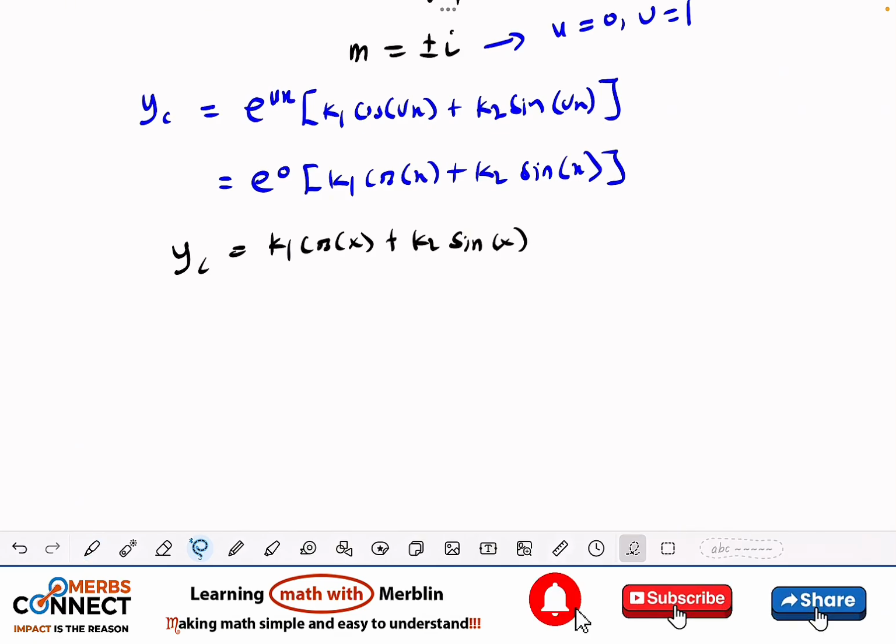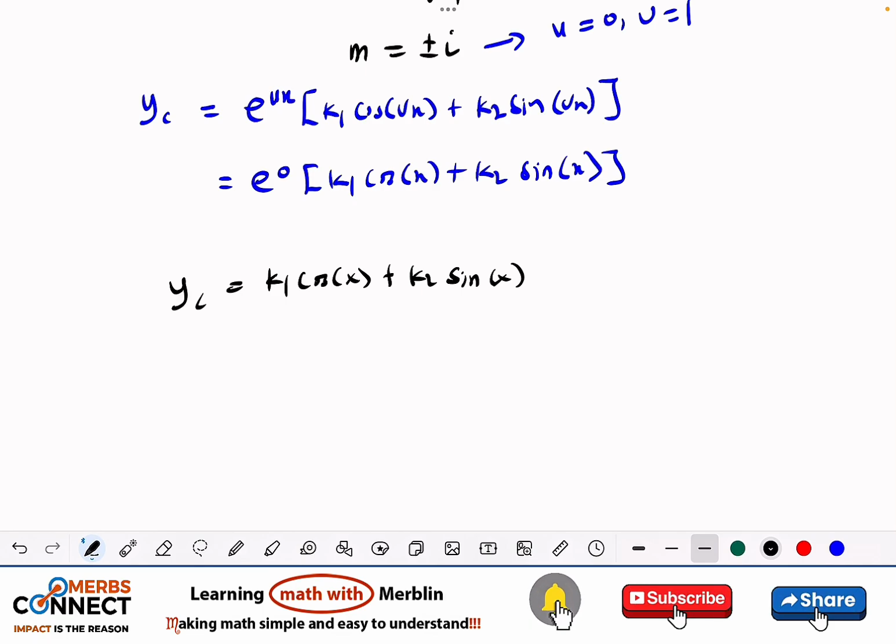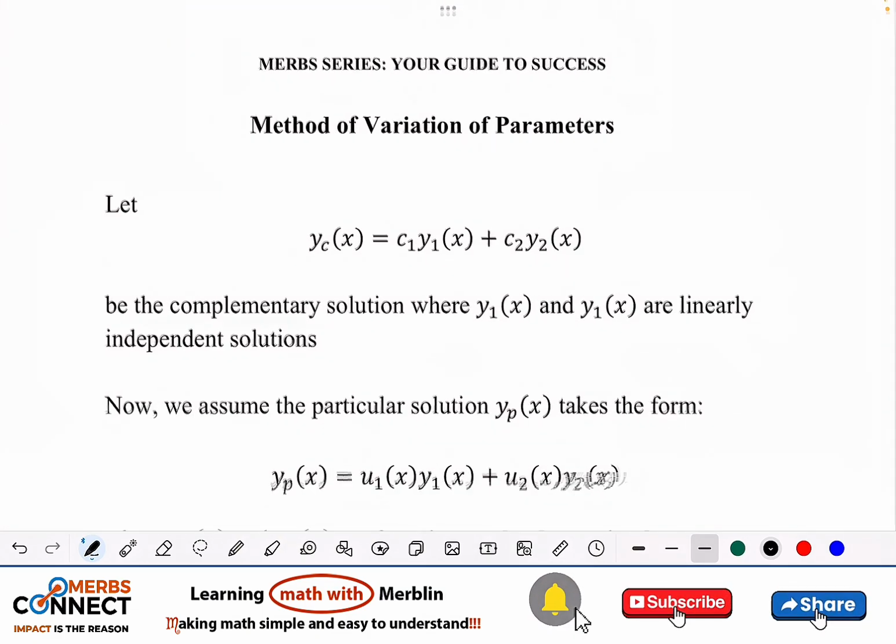So we are going to make use of the complementary solution. Now this solution that I've gotten here is the same as writing something like k1 y1 plus k2 y2. This implies that y1 is equal to cos x and y2 is equal to sin x, as we can see from the formula that we have here.